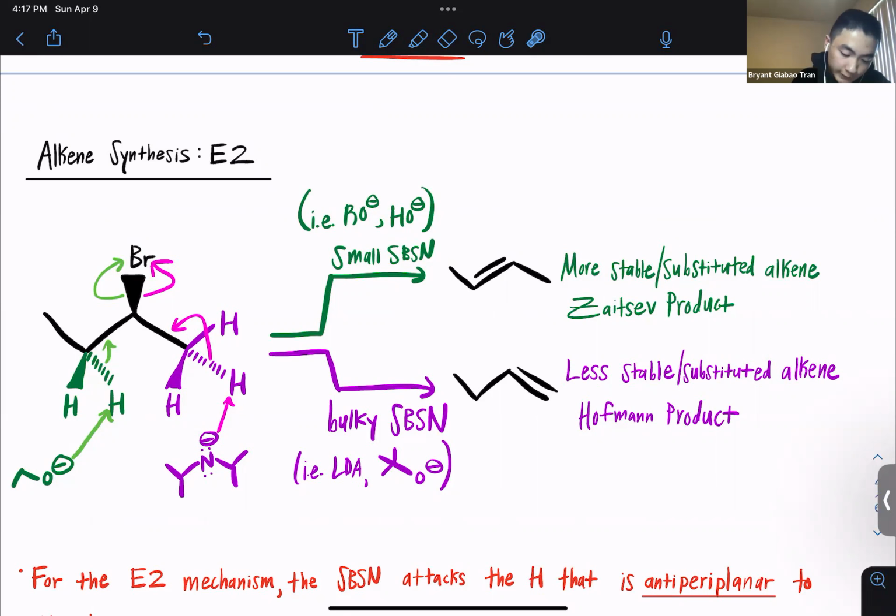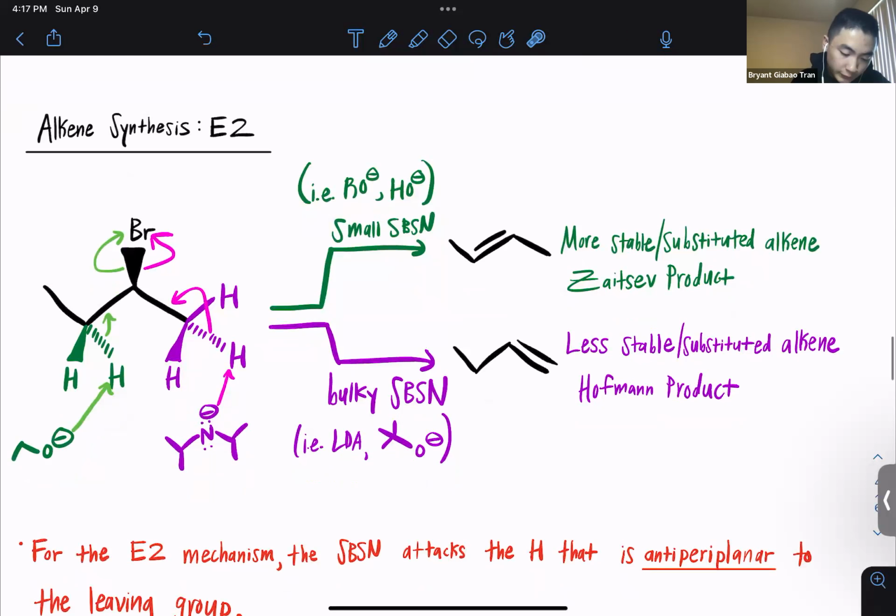But if we use a bulky strong base, strong nucleophile like LDA or tert-butoxide, then we are going to grab the most available hydrogen that is anti-periplanar to the leaving group, which is this hydrogen, but form our less stable or less substituted alkene, because this bulky strong base is not able to grab this preferred hydrogen since there is too much steric hindrance here.